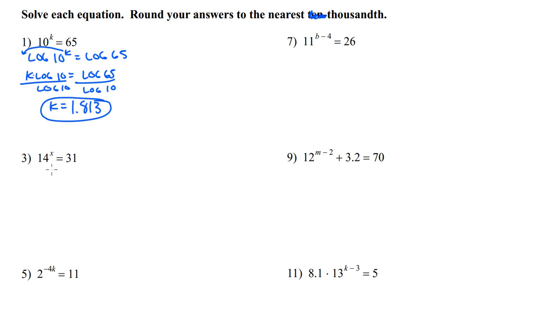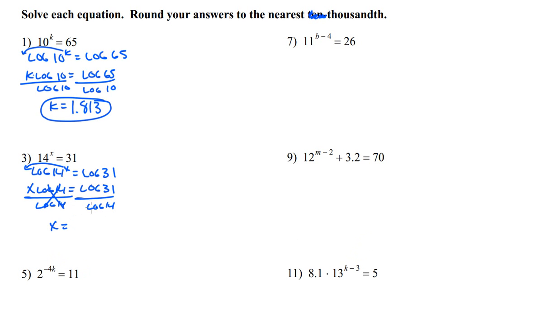Okay. 14 to the x equals 31, so we're going to log both sides. Log 14 to the x equals log 31. Now that x comes out front. X log 14 equals log 31. Divide both sides by log 14.